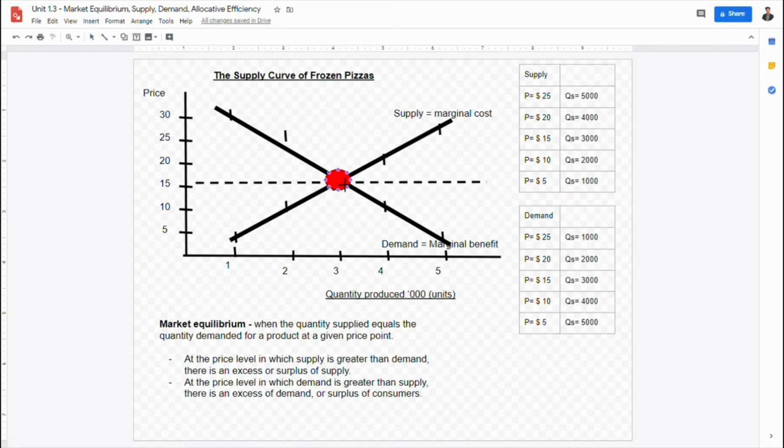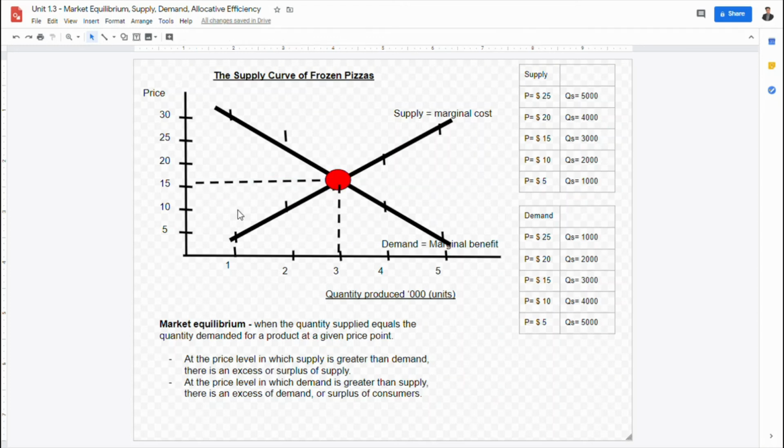So in order to get the market equilibrium quantity, we have to draw a line down directly from the market equilibrium to the x-axis. In order to see the market equilibrium price, we draw a line between the intersection and the y-axis.